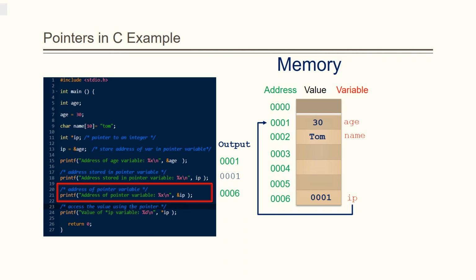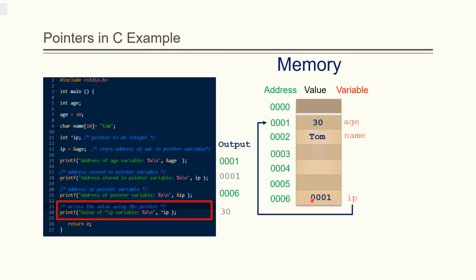And now we are going to print the address of the pointer variable. So here is the pointer variable and the address is 0006. Here again we use the ampersand operator and we will get this output. Finally, we want to print or dereference this integer pointer, which means that we want to print the value that is stored at this address.